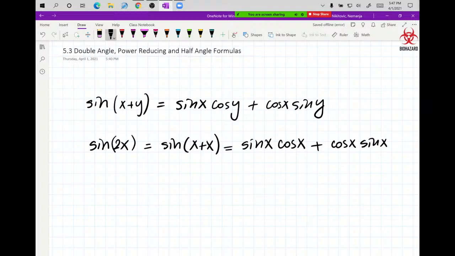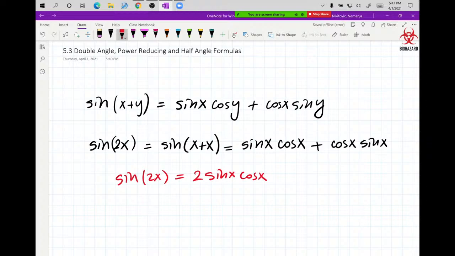But both of those, what I call first and second angle, are both x and x, right? So this ends up being sine 2x is just 2 sine x cosine x.